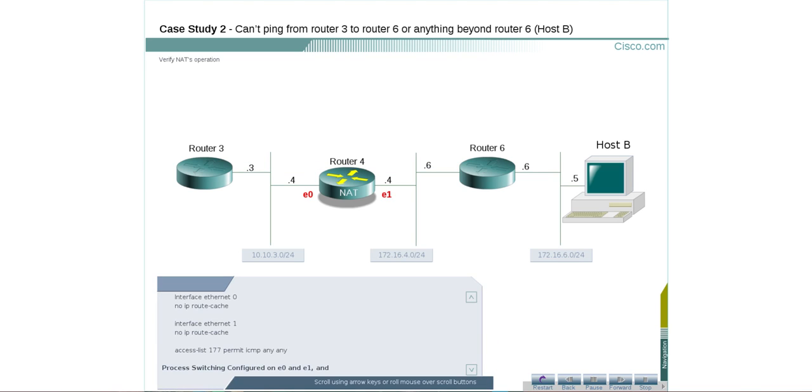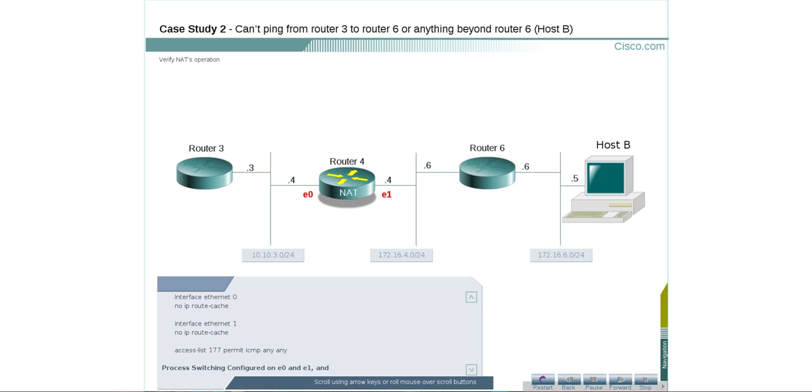Now that we have an understanding of what should be happening in this case, let's run some debugging on router 4 to see what really is happening and why router 3 cannot ping router 6 or anything beyond. Also, we will limit the output of the debug to only ICMP packets, since these are the types of packets which we know fail.